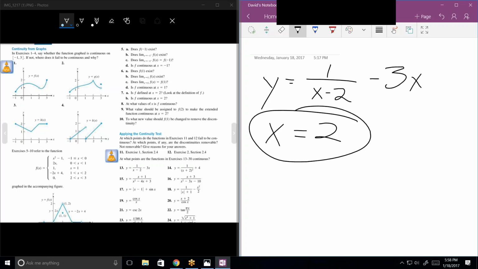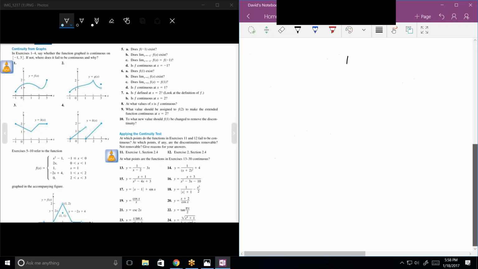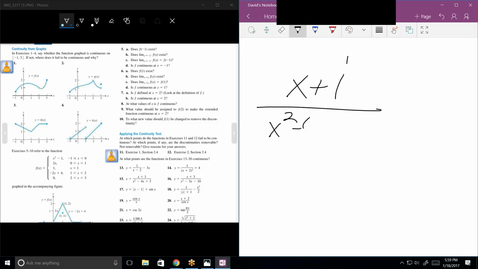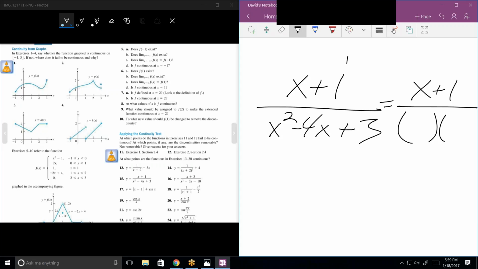Number 15. Let's do 15 and then we'll be done. x plus 1 in the numerator, x squared minus 4x plus 3 in the denominator. When you see a quadratic in math, know that you almost always have to factor it. How does that factor? x minus 3 and x minus 1.